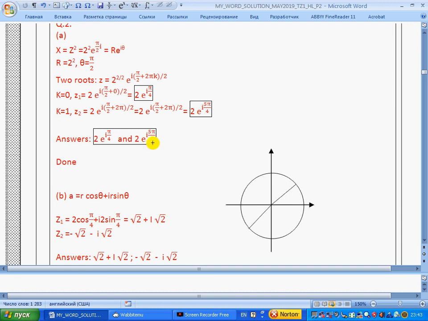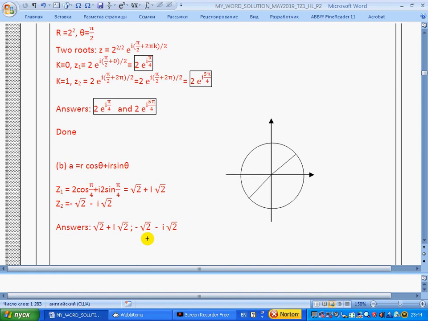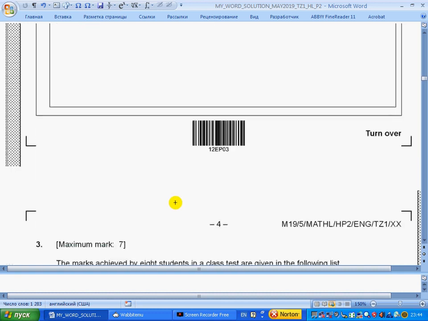The argument of the second root differs by pi, so if we draw the unit circle, if this is the first solution, the second solution is here, so it has the same arguments but negative. So this is minus square root of 2 minus i square root of 2. These are the two answers.